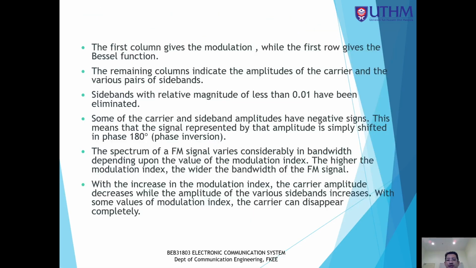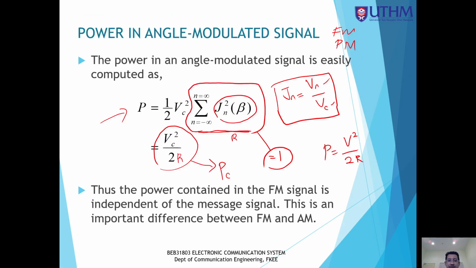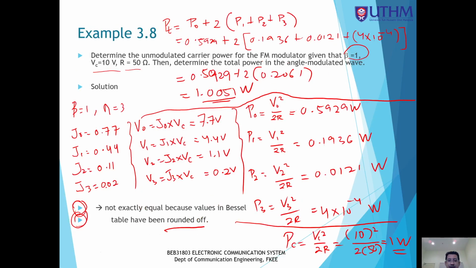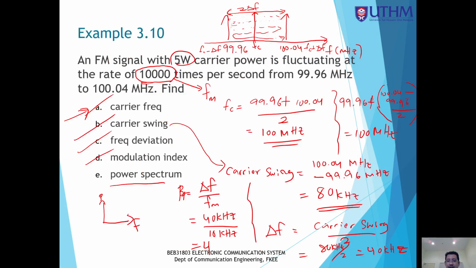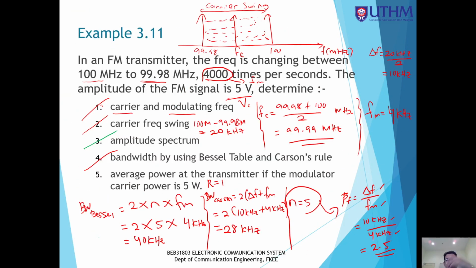Once we know n equal to 5, we can calculate the Bessel bandwidth, and we can also do the rest of the parameters. Is it okay?